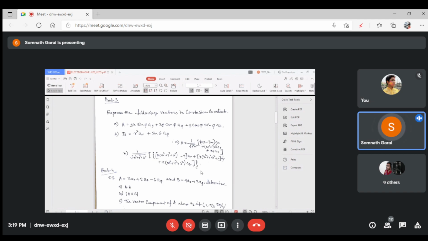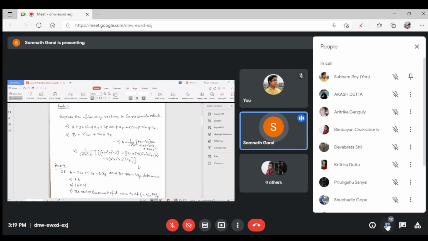That means capital AX, the unit column matrix of AX, AY, AZ, is equal to cos phi, sin phi, 0; minus sin phi, cos phi, 0; 0, 0, 1, into A rho, A phi, Az.